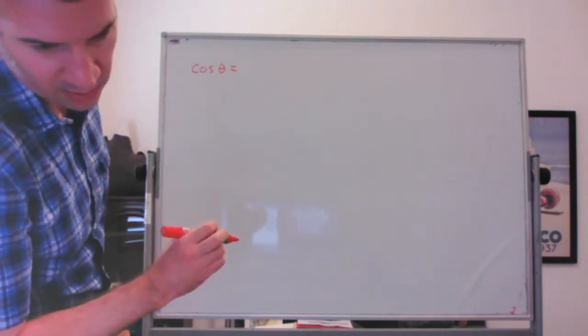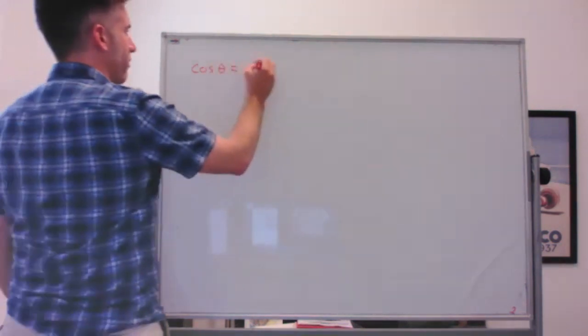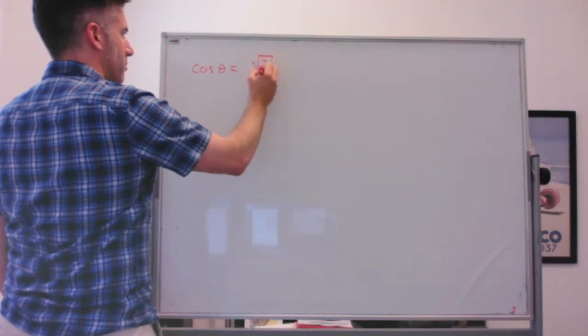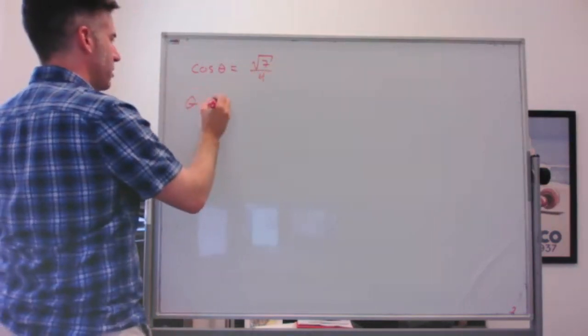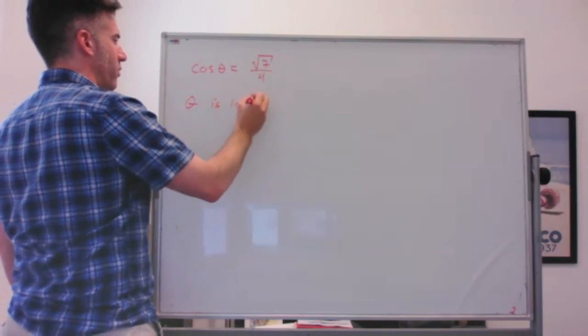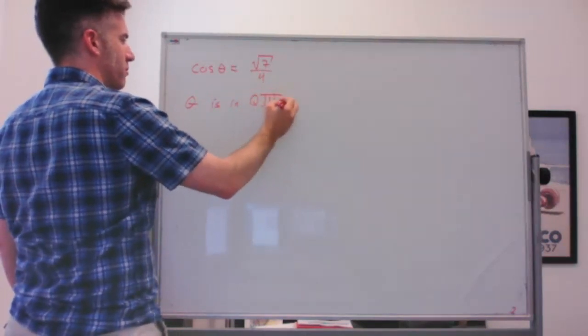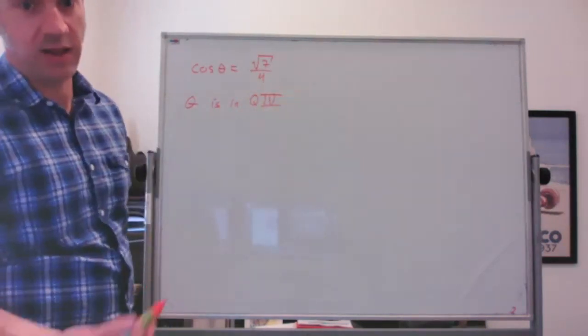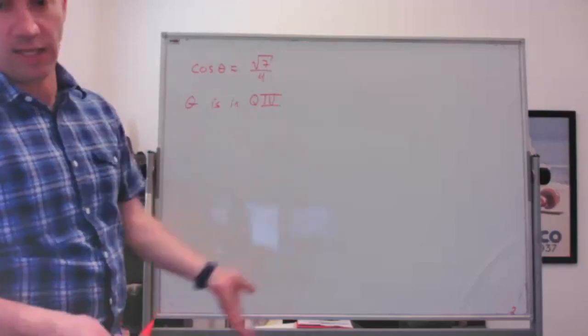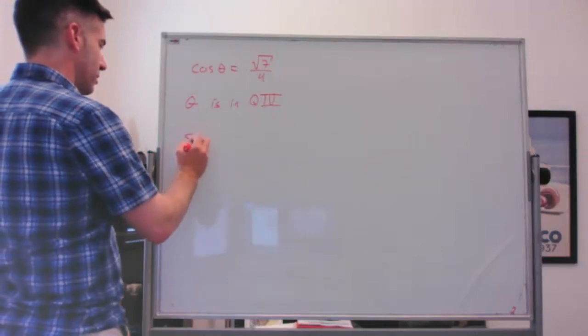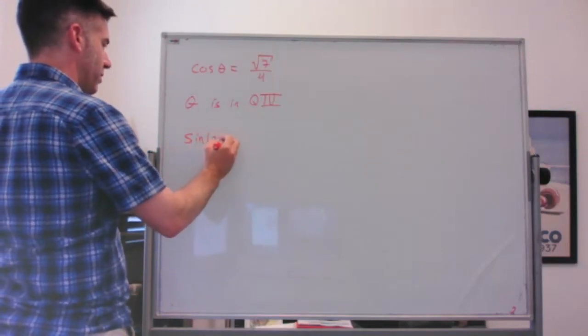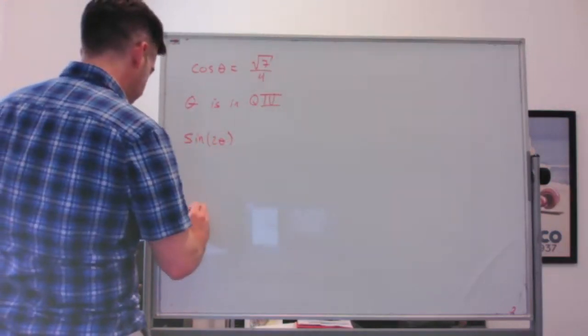Cosine of theta is equal to the square root of 7 over 4. And we are also given that theta is in quadrant 4, where cosine is positive and sine and tangent are negative. And we're being asked to find sine of 2 theta and cosine of 2 theta.